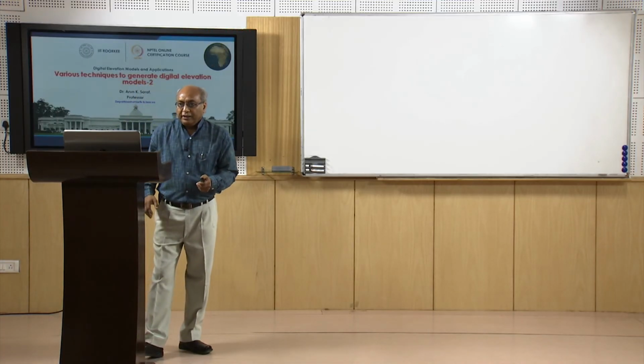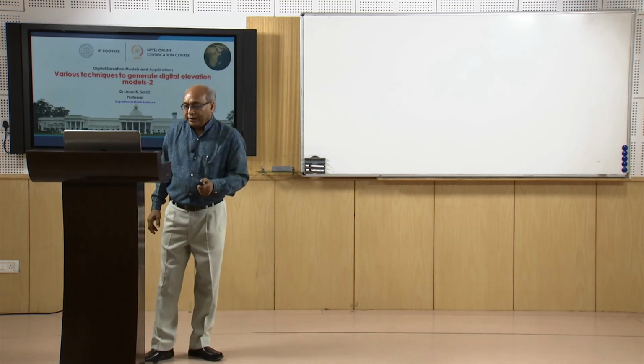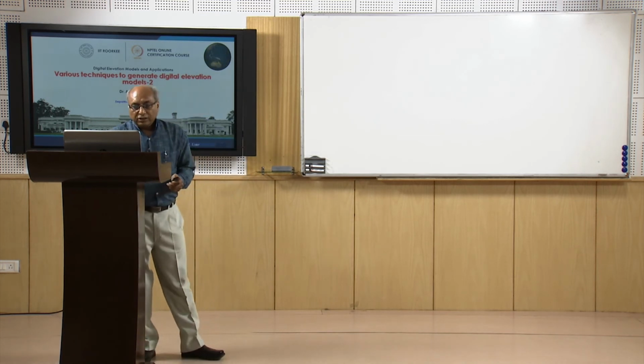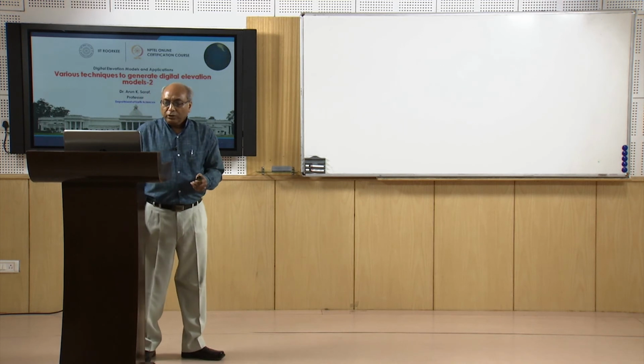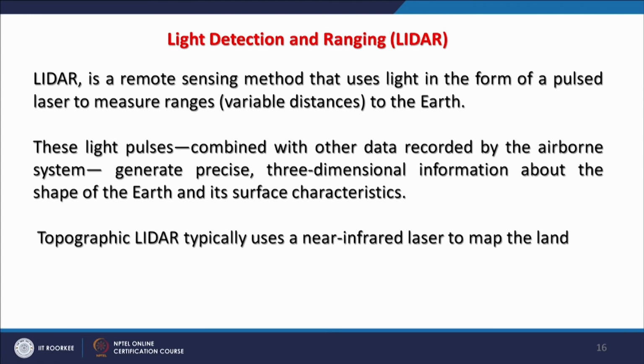So again, Lidar is a remote sensing technique, and here instead of working in the microwave region, it sends light, visible light in the form of pulse laser, to measure the ranges or distance to the earth. Now these light pulses combined with other data recorded by the airborne system generate precise three-dimensional information, and that means this data can also be used to generate a digital elevation model, and this is what we do.